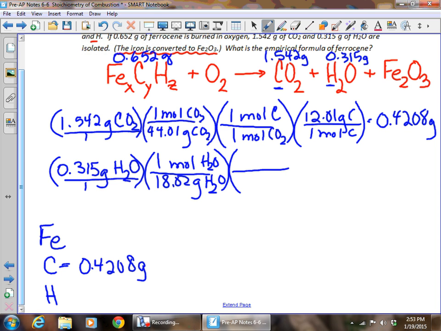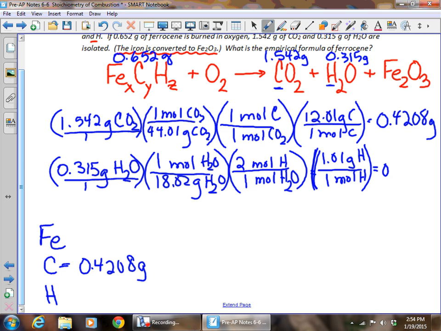The amount of hydrogen in water is 2 moles of hydrogen for every 1 mole of H2O, and 1.01 grams of hydrogen per mole of hydrogen. And we get a value of 0.03531 grams of hydrogen. So we've got our next puzzle piece, 0.03531 grams.